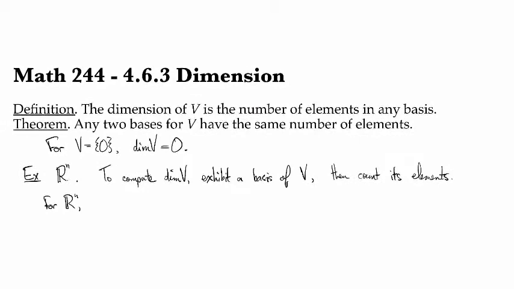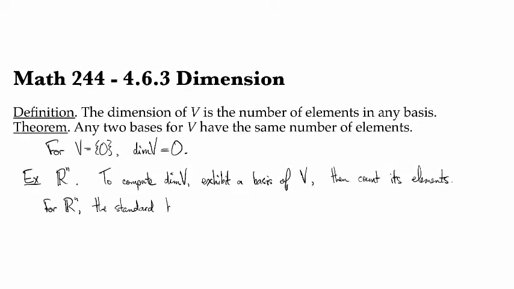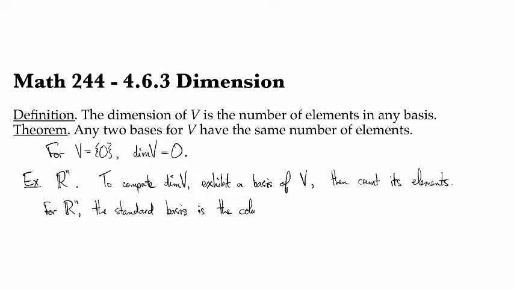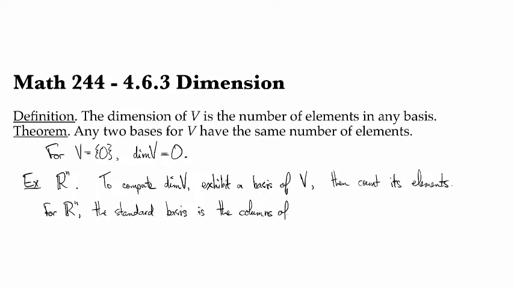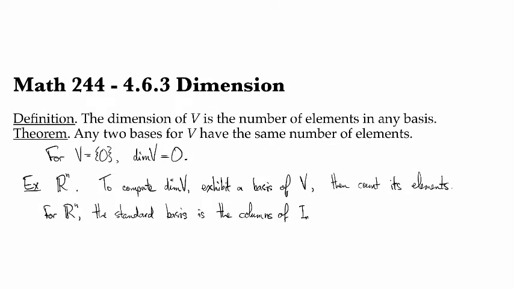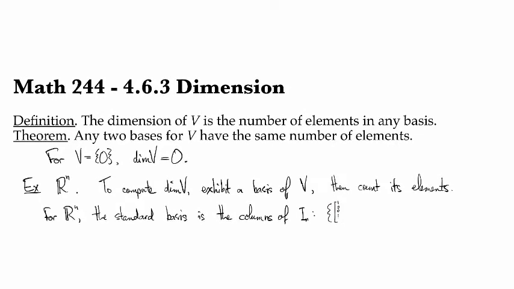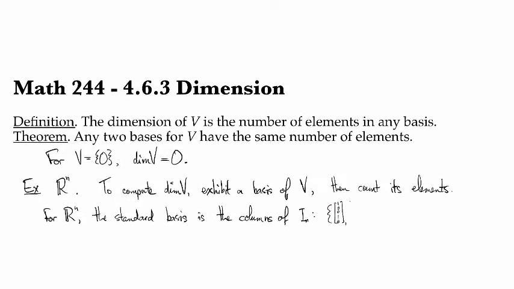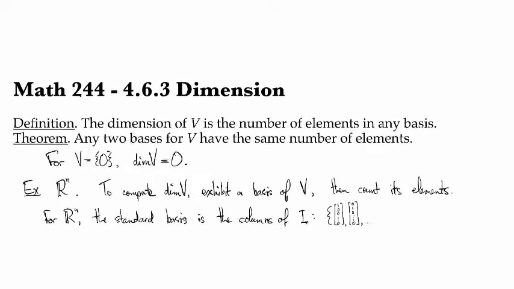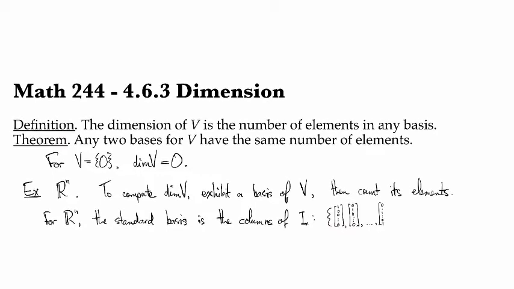Okay, so we know that for Rn, the standard basis is the one comprised of the columns of the n-dimensional identity matrix. So it's the one that has 1 and then a bunch of zeros, and then 0, 1 and a bunch of zeros, and so forth, until you get to the one that's all zeros except for the very last entry.